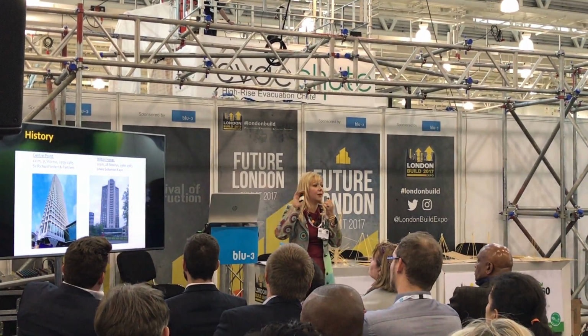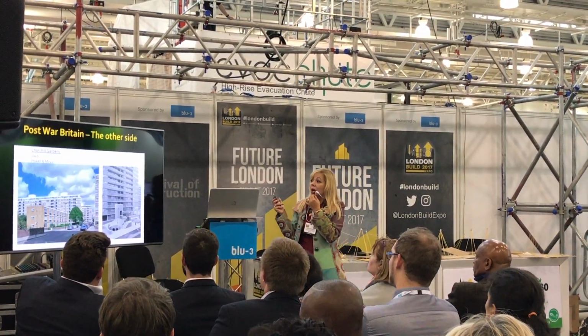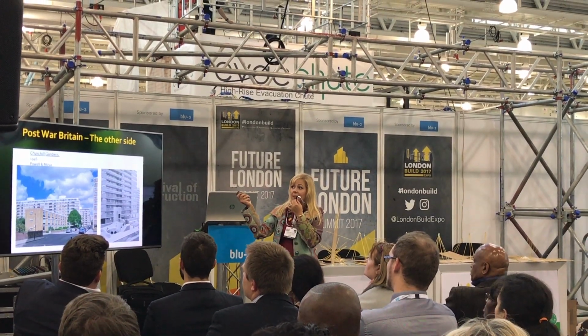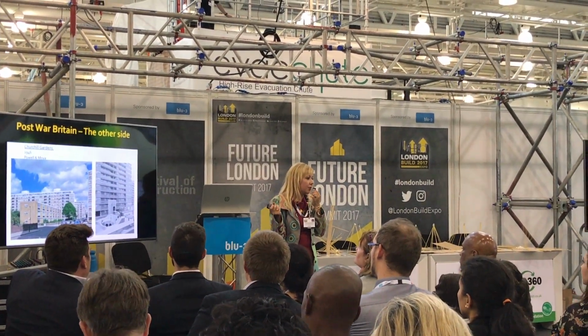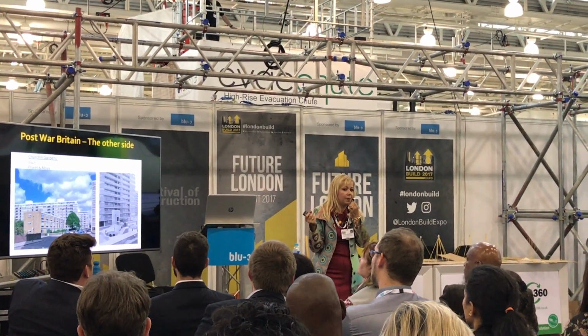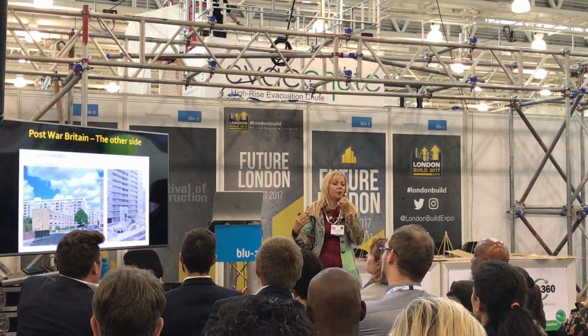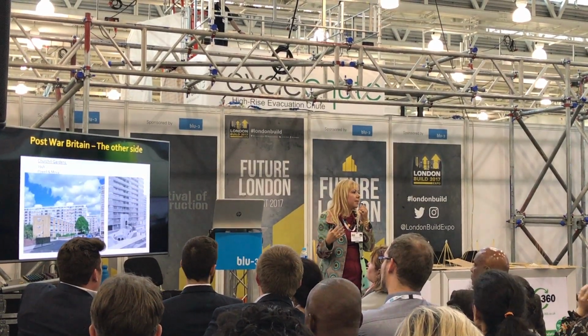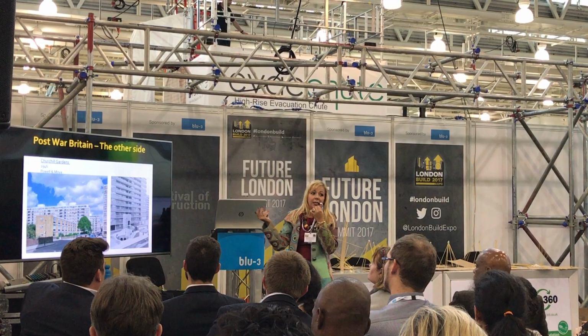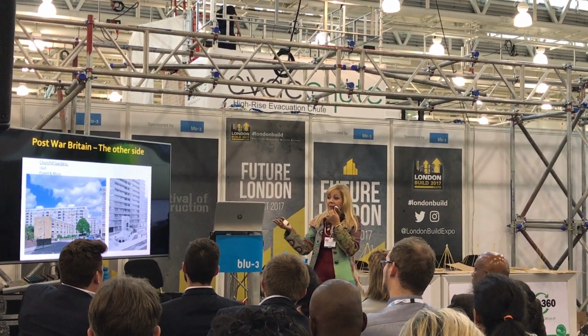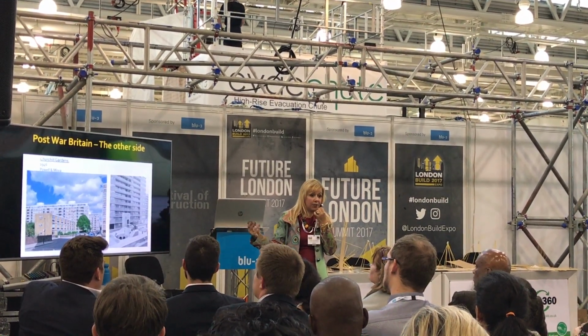So these are the good towers, let's say, that have been constructed. On the other hand, we have the other side of post-war Britain, where the council took it upon themselves to build houses for people who were homeless or didn't live in good conditions, and they started creating the ex-council flats in towers.